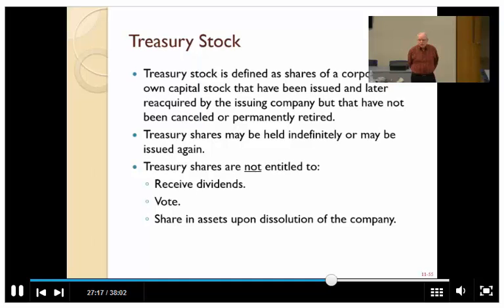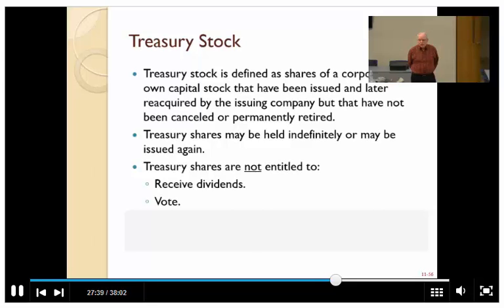And the other reason companies buy their own stock is to prevent a hostile takeover. Now treasury stock does not receive dividends, it does not vote for the directors, and does not share in the assets upon dissolution.